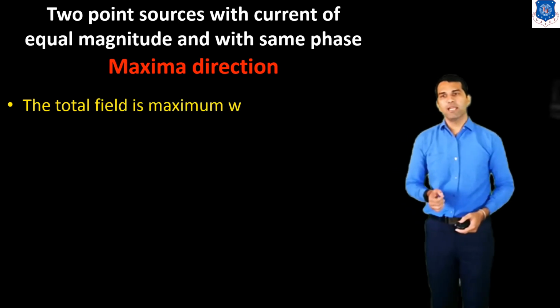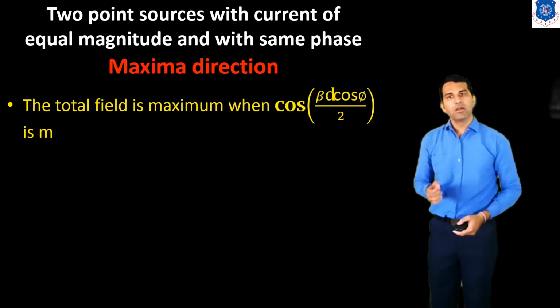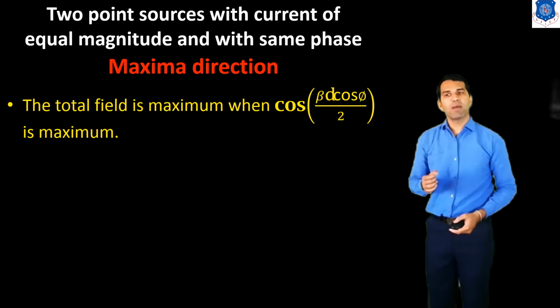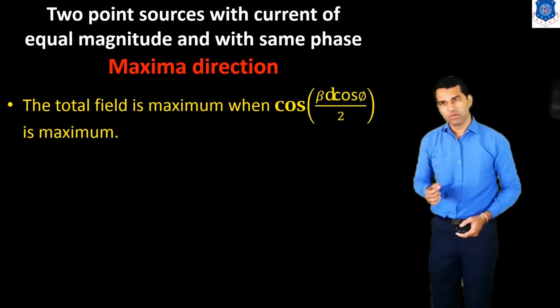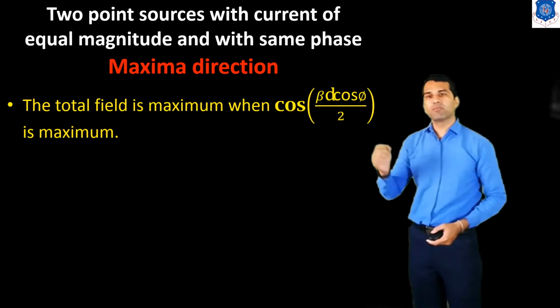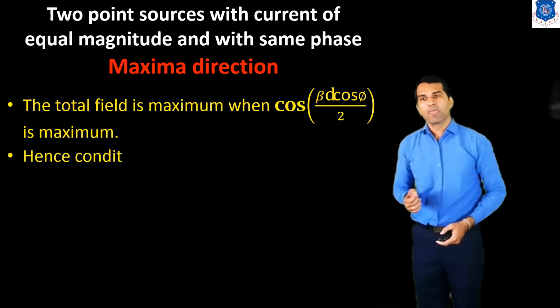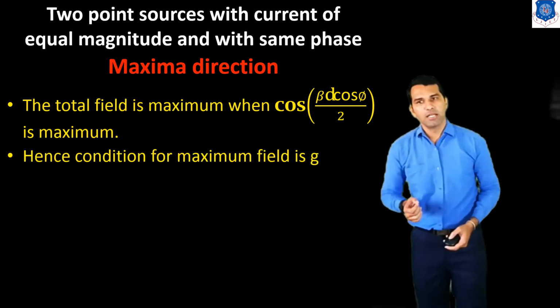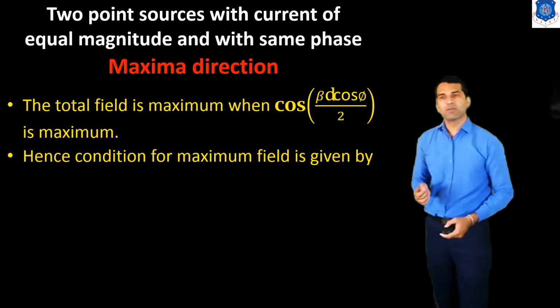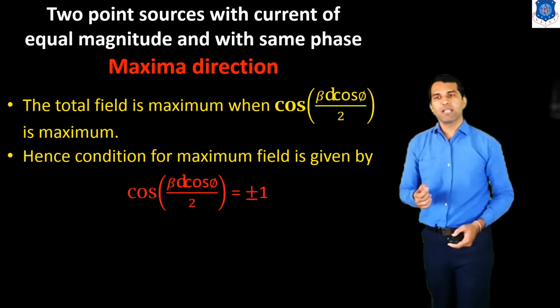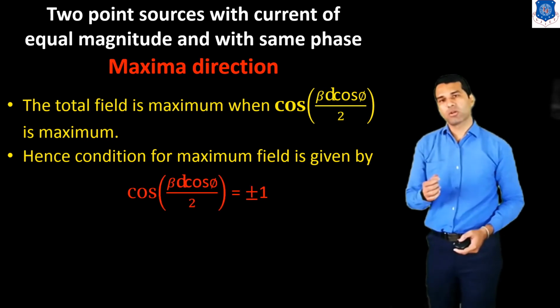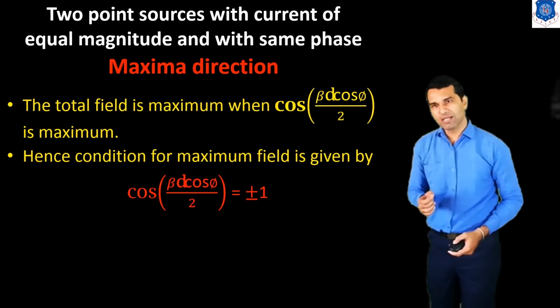The total field is maximum when cos(beta d cos phi by 2) is maximum. This is the condition for the maximum direction, which is given by cos(beta d cos phi by 2) equals plus or minus 1.